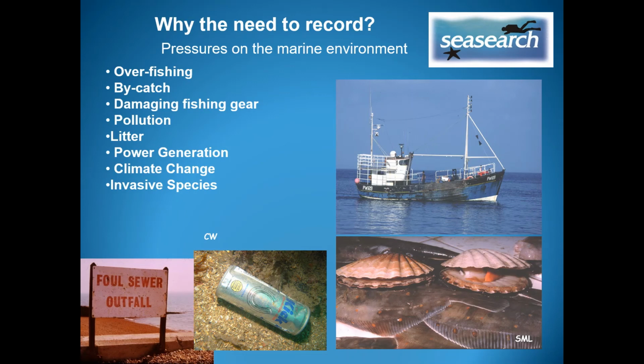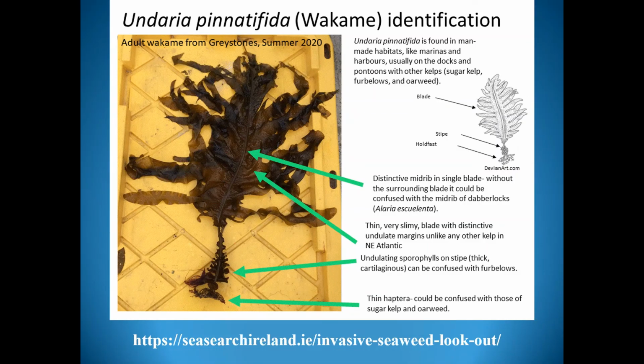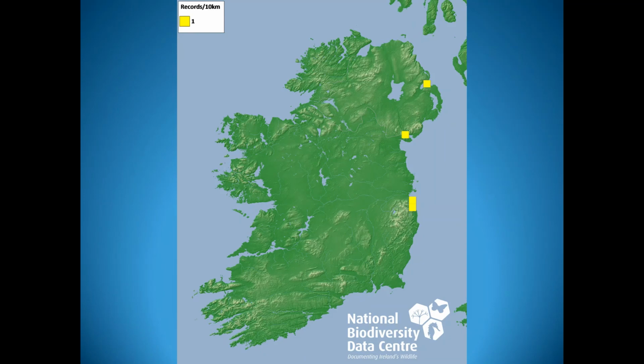And invasive species are an area that citizen science projects are uniquely placed to monitor, as they can provide a continuous recording effort that periodic dedicated surveys, while more detailed, just can't. So an example of this is wakame, the Japanese kelp. This species was first recorded in Strangford Lough in 2012.